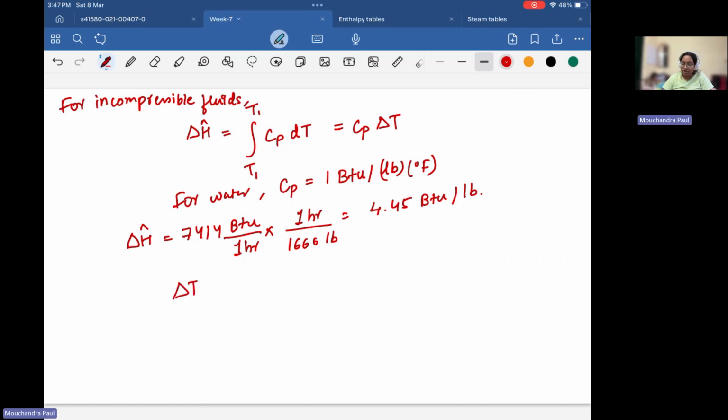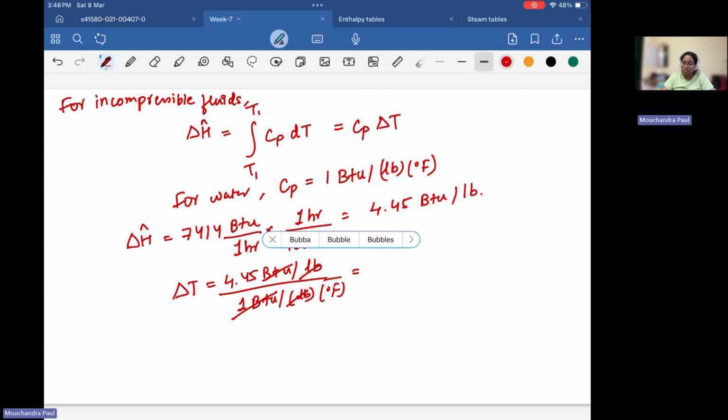Then what will be delta T then? Delta T will be equals to 4.45 BTU per lb by Cp. Cp is 1 BTU per lb per degree Fahrenheit. We cancel out the common terms and we get 4.45 degree Fahrenheit. Okay. So this is the net change in temperature.